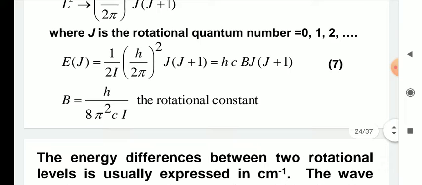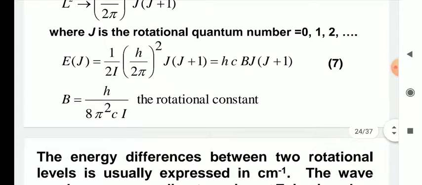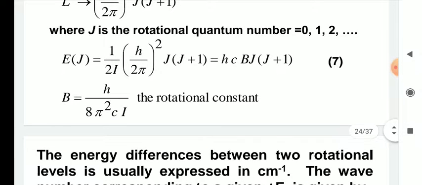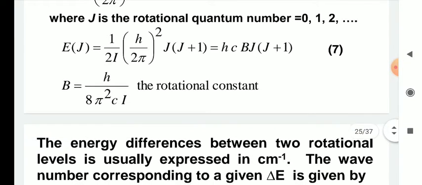Therefore, for a given rotational quantum number, the energy of a rotational spectra is given by E_J equal to 1 over 2I into (h upon 2 pi) whole squared into J into (J plus 1), and it is also given by the expression h c B into J into (J plus 1), which is given in equation number 7, where B is called the rotational constant.